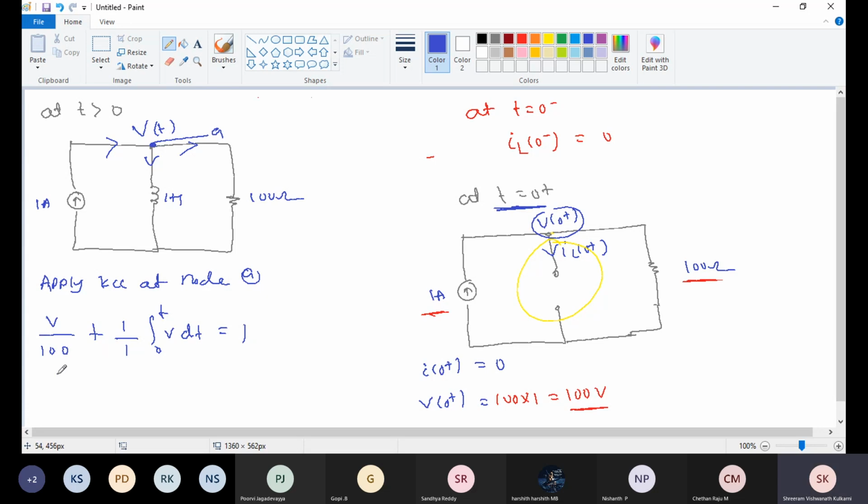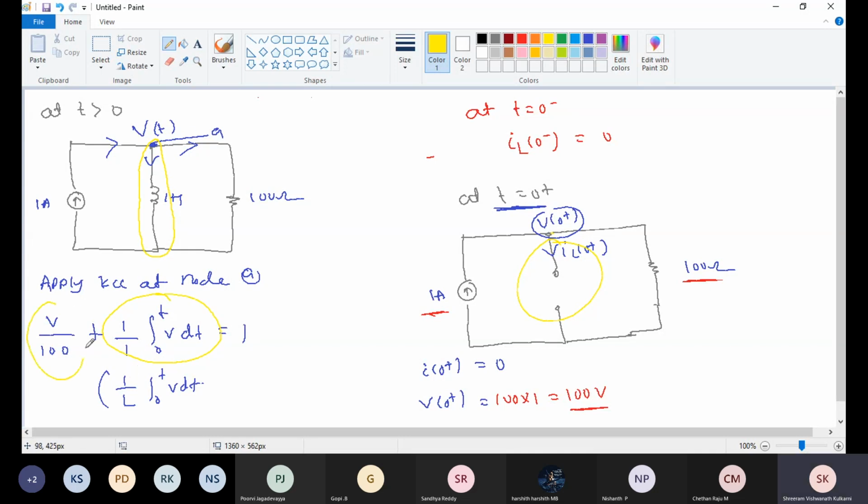This is the expression for the inductor current in terms of voltage, 1 by L integral from 0 to t of V dt. I am analyzing this branch separately and writing the current equation.